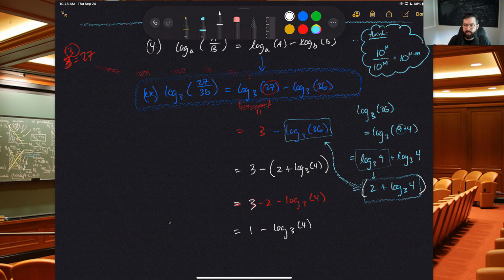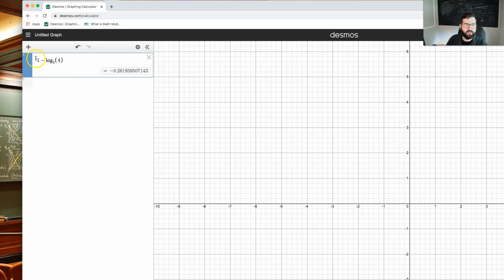So I know if log base 3 of 4 is some number, again, it's probably a little bit bigger than 1. Think about the exponent of 3 that gets us to 4. It's probably just a little bit bigger than 1. 1 minus that number, I'm probably at like negative point something. So let me verify too, so I'm not just making things up. So we see here 1 minus log base 3 of 4 is negative 0.26.